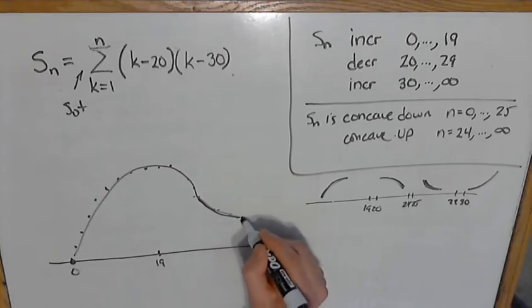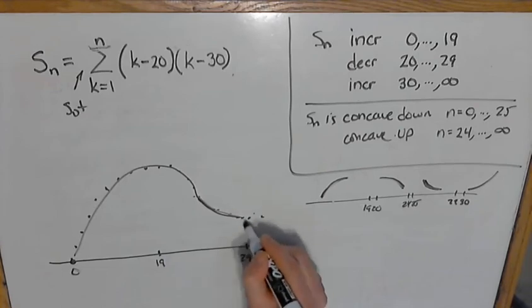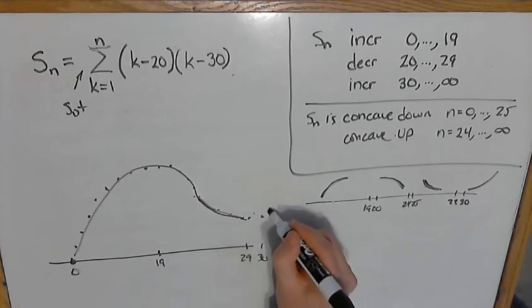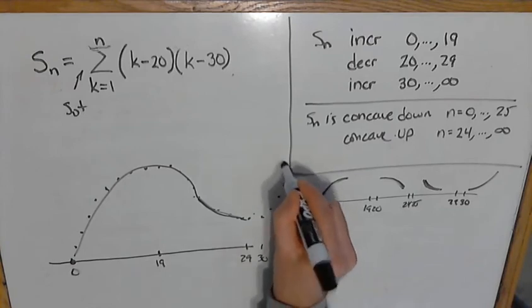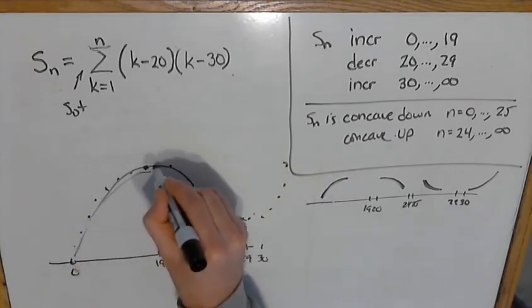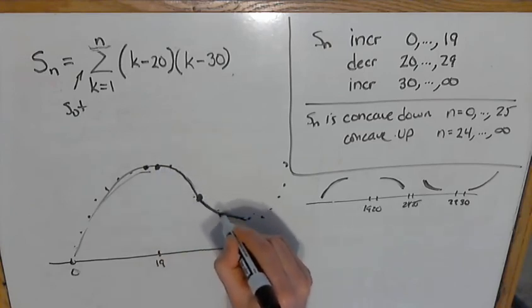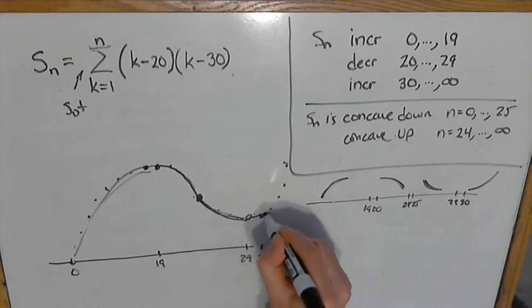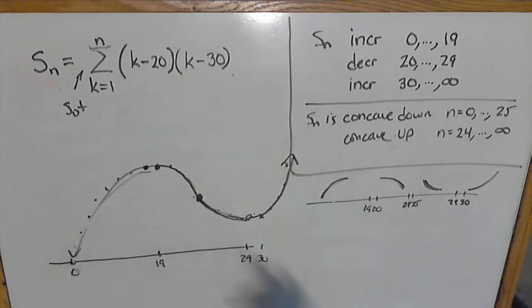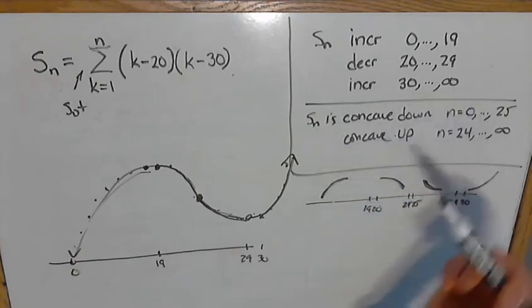My sequence is going to, at 29 and 30, they're the same height, and then I just go up. And so I have an increasing concave down reaching a maximum, decreasing, there's an inflection point, reaches a minimum, and then it goes up forever. And so I have a shape found by putting these pieces of information together.